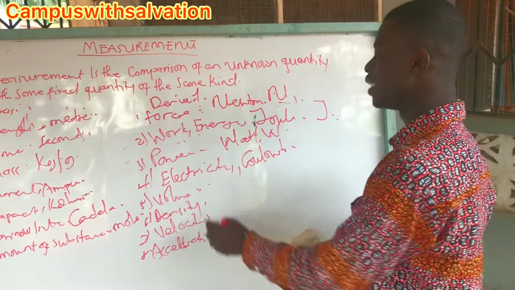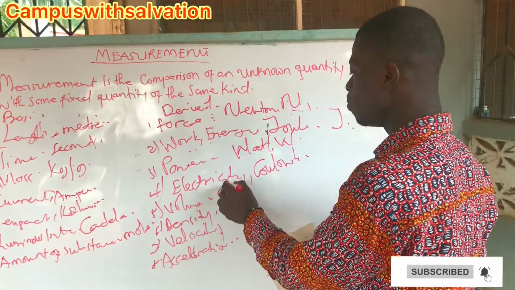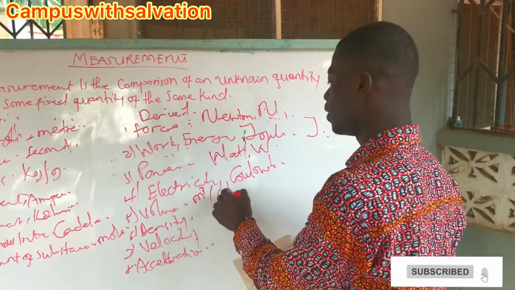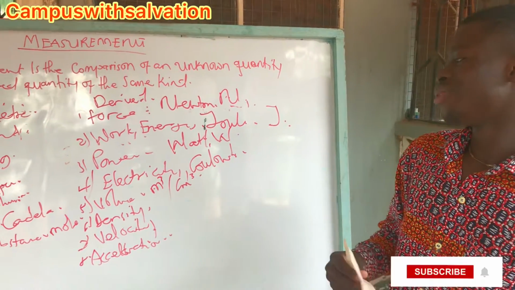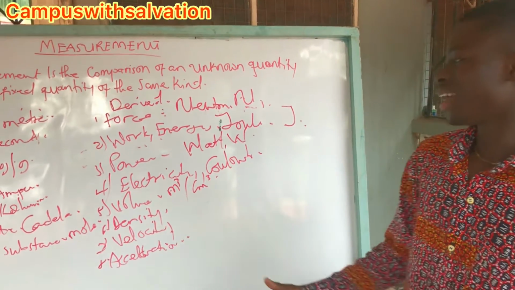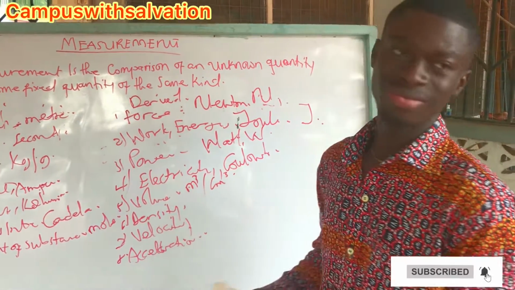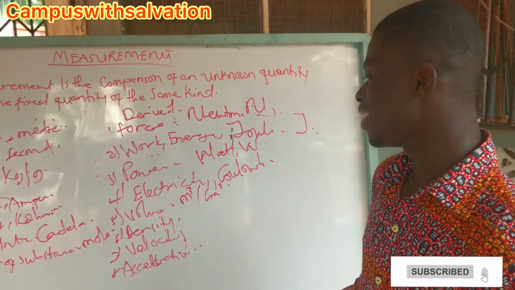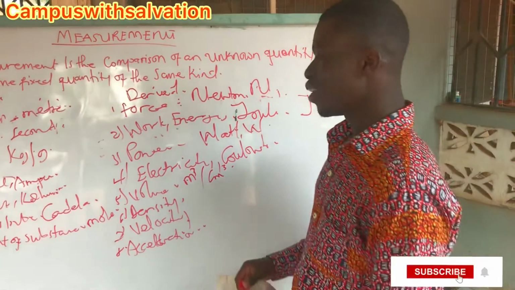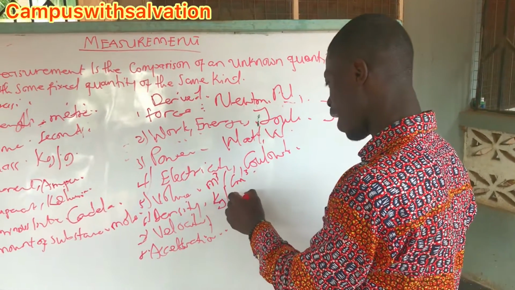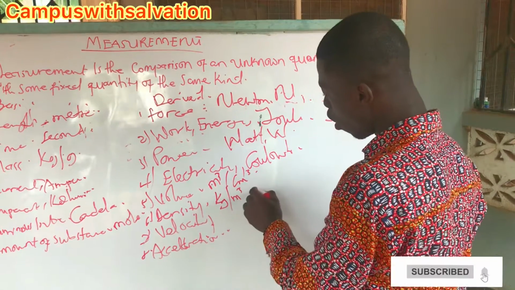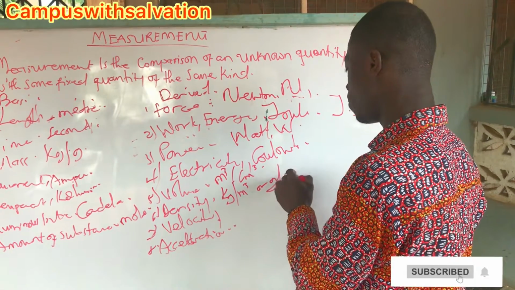Volume is measured in meter cube or centimeter cube. So after calculating for a quantity of volume, you must attach the figure with cm cube or meters cube.